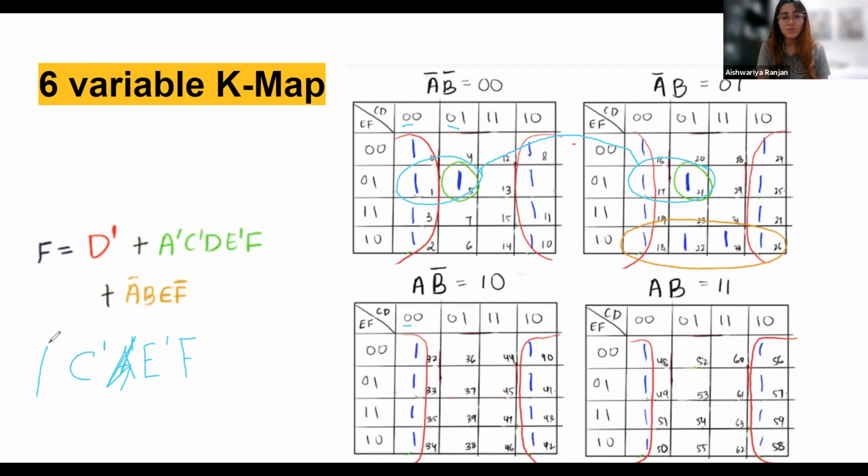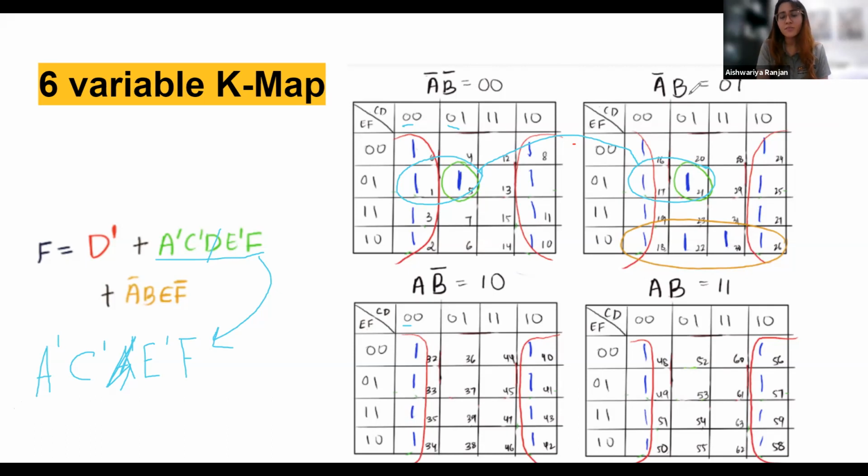So A bar. So you made this term simpler because you made a bigger group. So this D got canceled out. So you have one lesser term, which does make a difference.